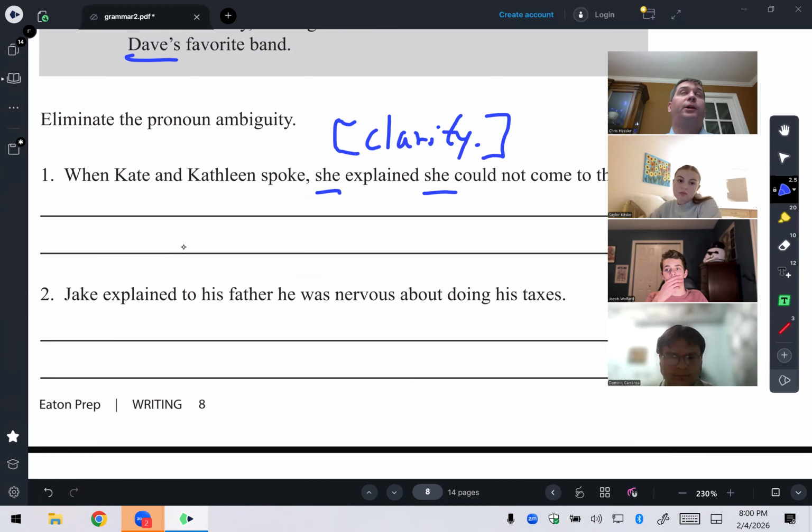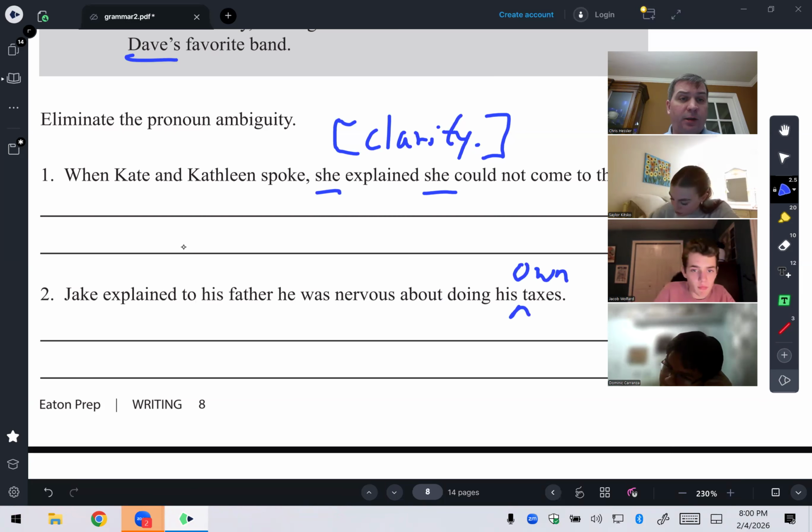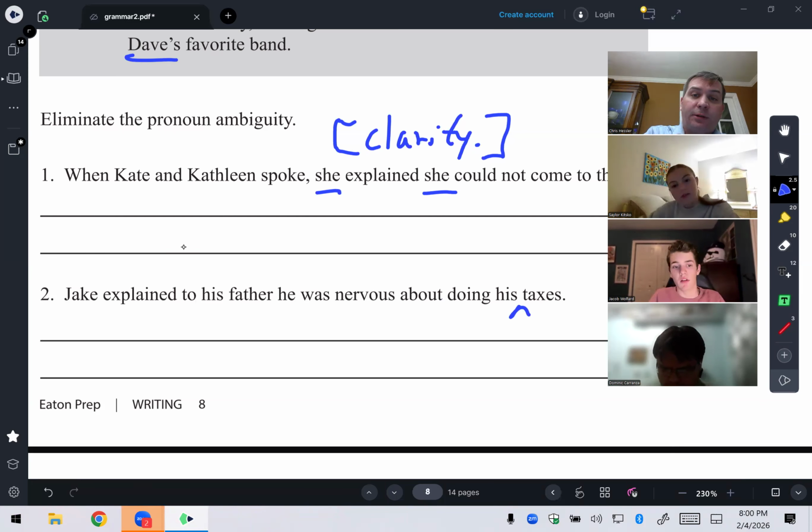Jake's father wants to write off a pleasure yacht as a business expense. This makes Jake nervous. Jake's going to lose his CPA license. We could clarify, we could fix it, we could do this. Jake explained to his father he was nervous about doing his own taxes. That would work. Or we could say that he's nervous about doing his father's taxes, whatever the case may be.